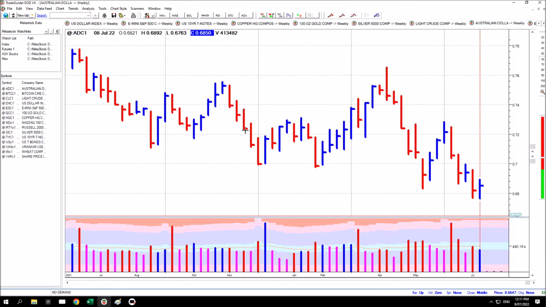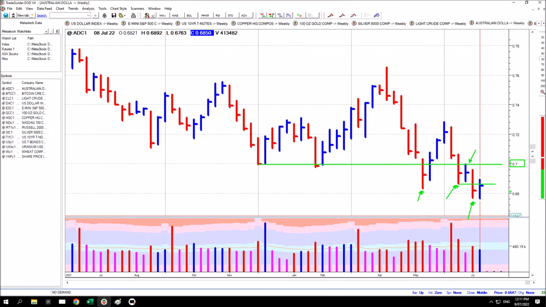Aussie dollar currency futures. The Aussie dollar currency futures have finally let go of the 70 cent level by the looks. There were a couple of deep penetrations, a failure to recover here, and prices sliced back.